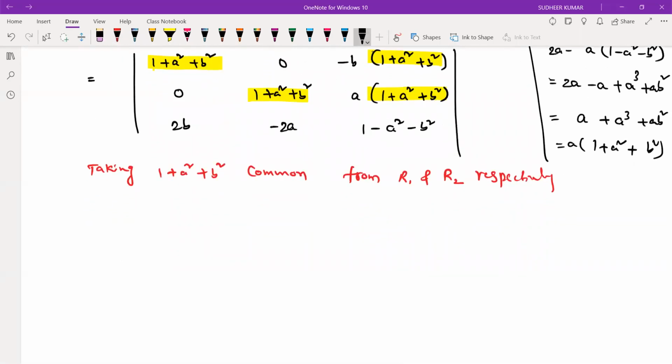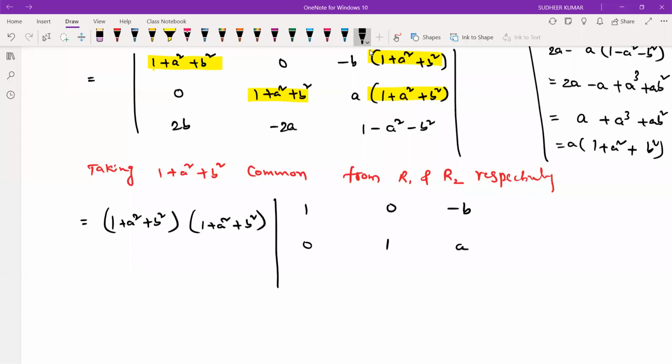Here from the first row we'll get 1, 0, minus b, then 1 plus a square plus b square. Then 0, 1, a, and this is 2b, minus 2a, and 1 minus a square minus b square, right? So multiply this and try to make the 0 in the next one.